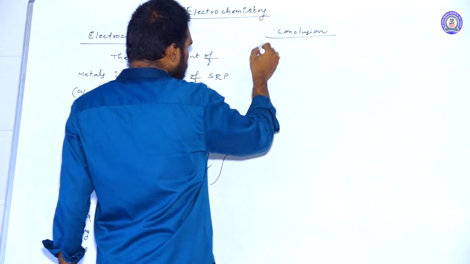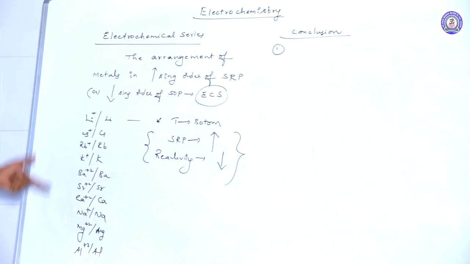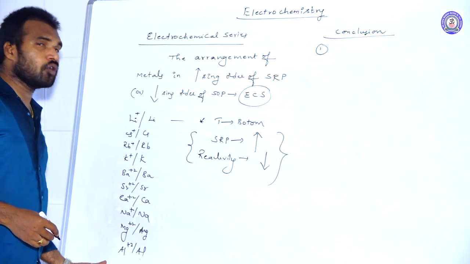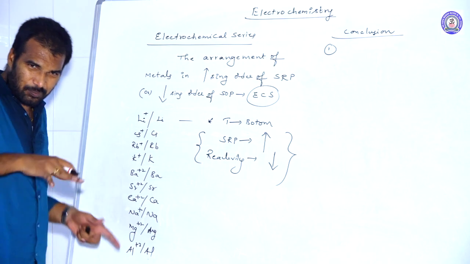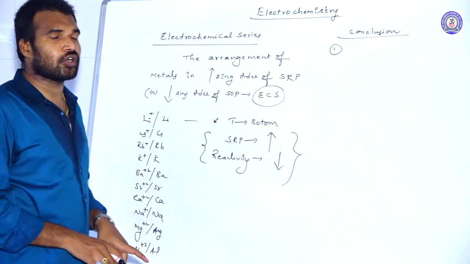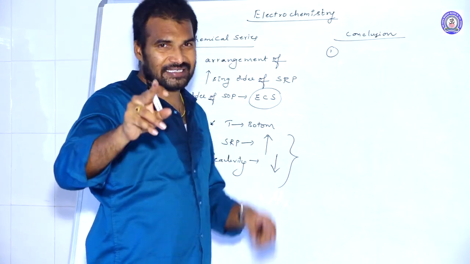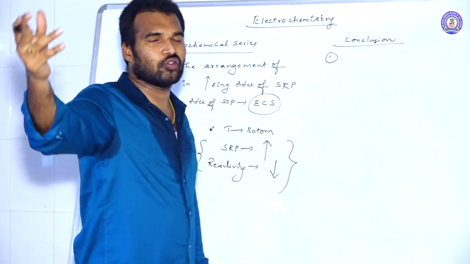Conclusion, first one. In the electrochemical series, the metal ion which is placed lower, at the bottom, having high SRP value, always will act as cathode.